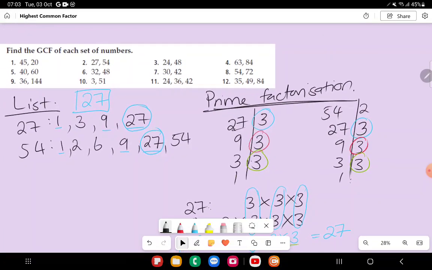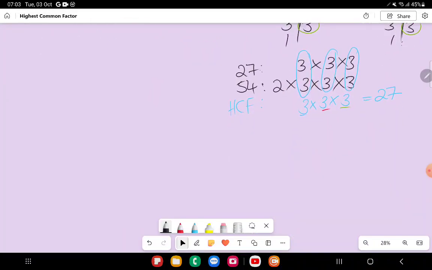Let's do another one. Let's do question 6, which is 32 and 48.